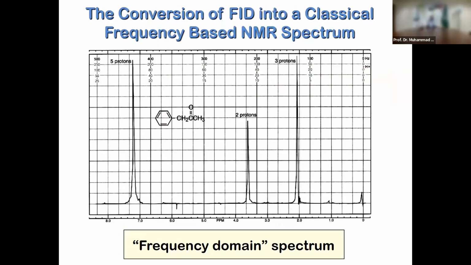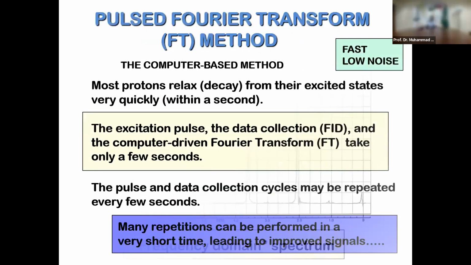So this is the classical NMR spectrum, which you get out of a single pulse experiment. This is pulsed Fourier transformation NMR spectroscopy, or PFT NMR spectroscopy.